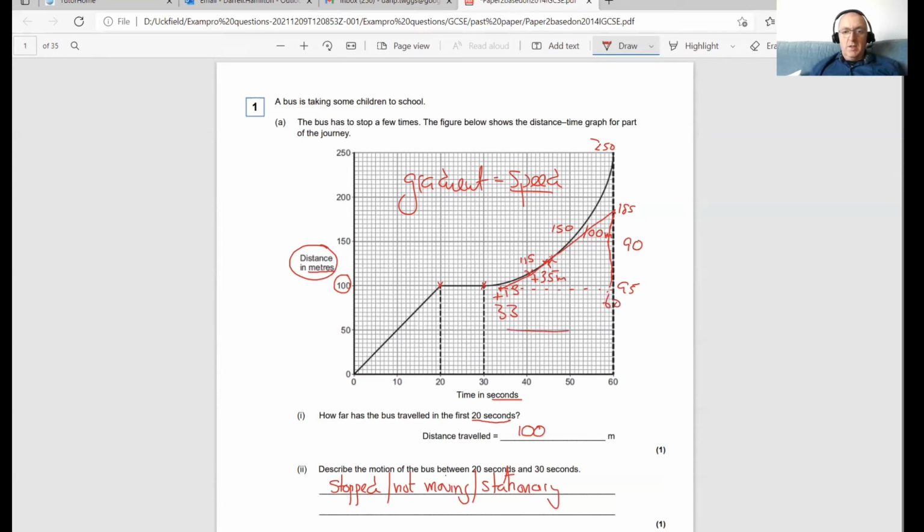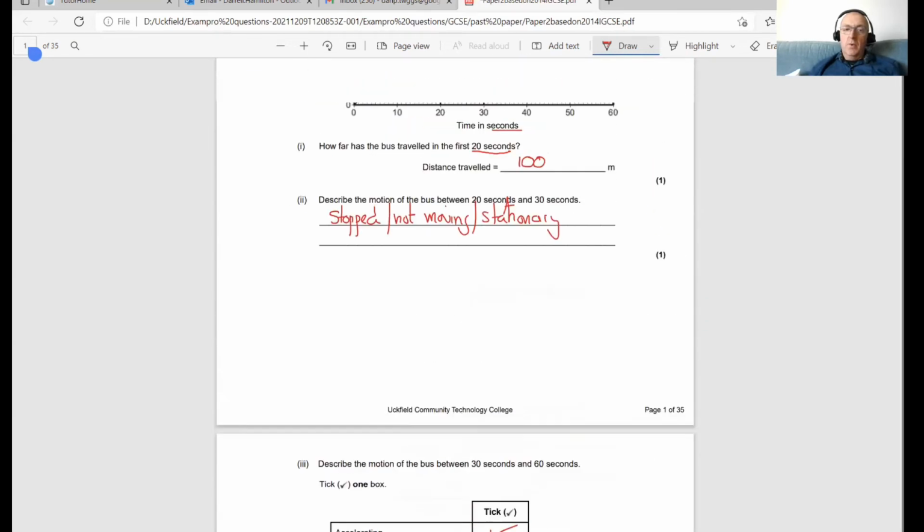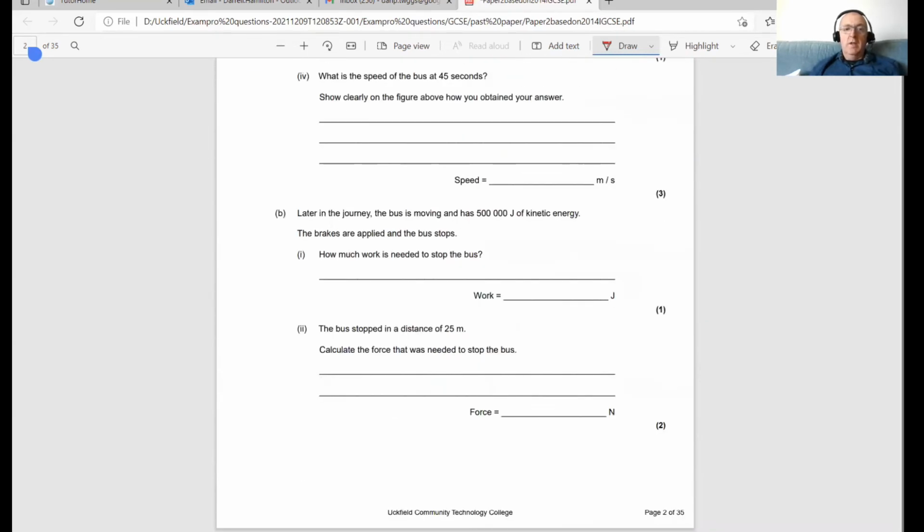So this distance then is 27. So we've got 90 vertically, 27 horizontally. So what we're doing here then is 90 divided by 27. Get ourselves a calculator. 90 divided by 27 gives us 3.3.